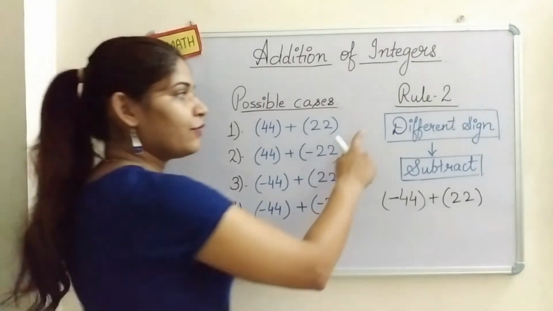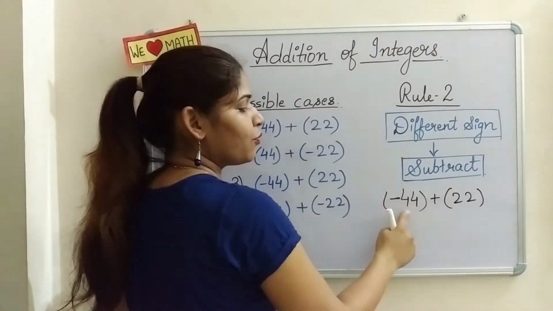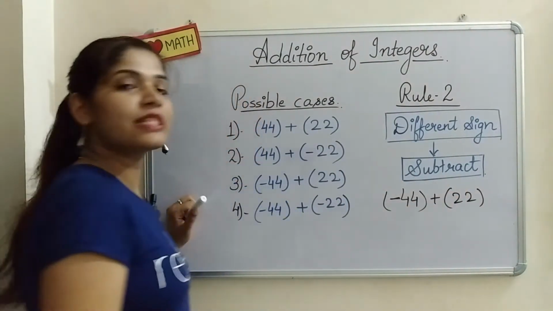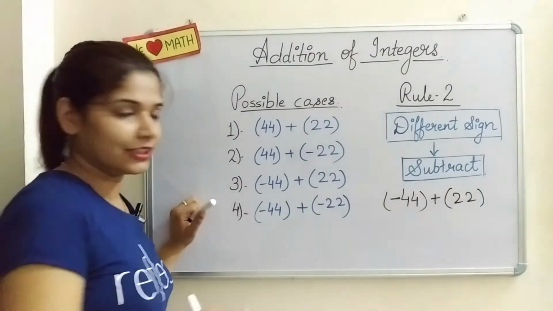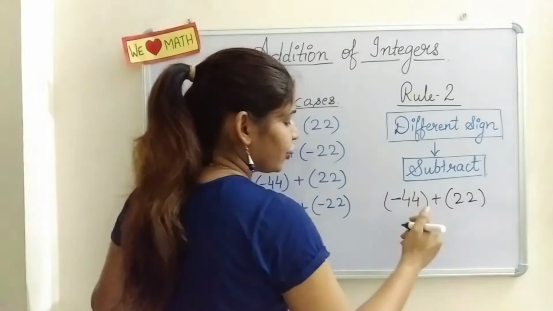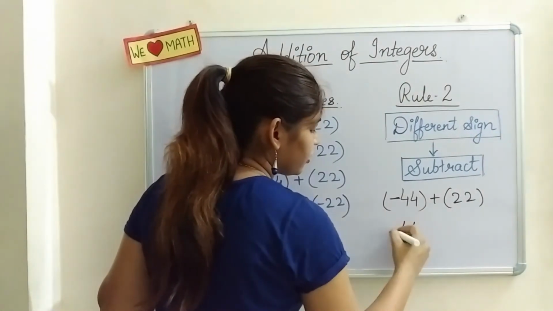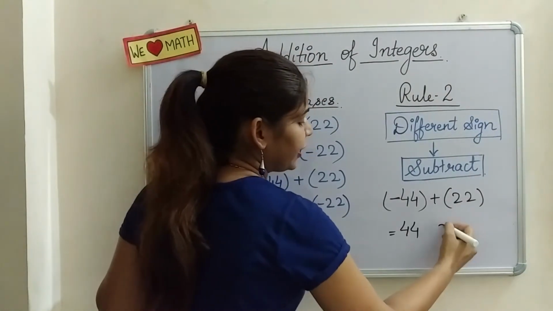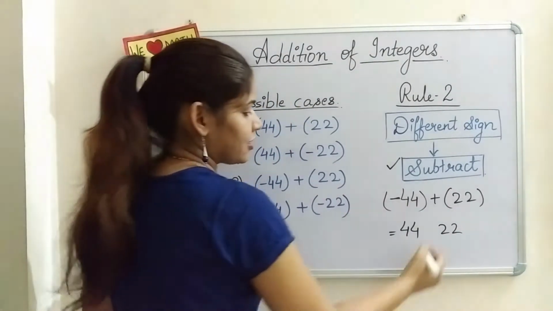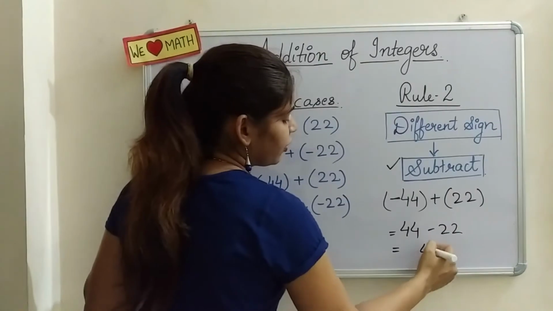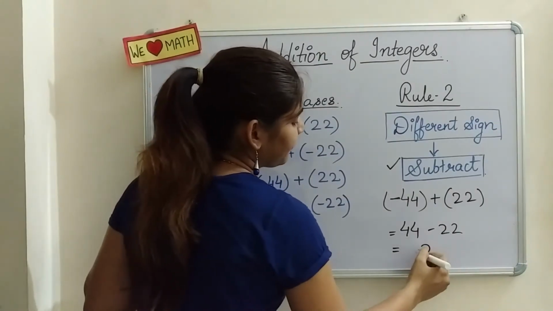Here also we will follow rule number 2, but because both have different signs, we are going to subtract the absolute values of both the integers. The absolute value of minus 44 is 44 and the absolute value of 22 is 22. We subtract, so the answer will be 22 again.